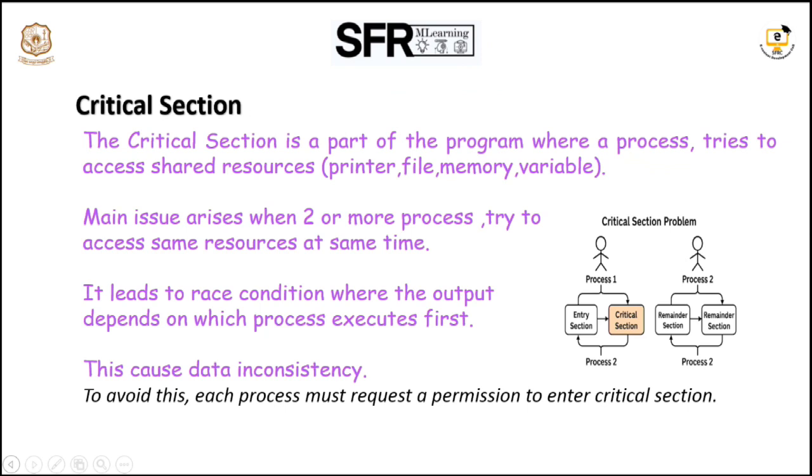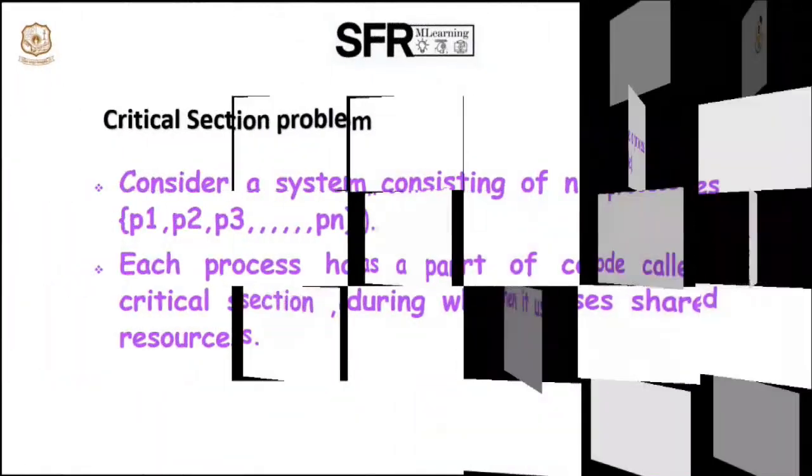The same way, the process has to wait till the other process uses the shared resources. It leads to a race-like condition where the output depends on which process executes first. This causes data inconsistency. To avoid this, each process must request permission to enter the critical section.